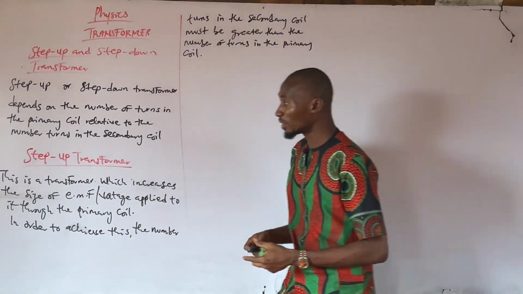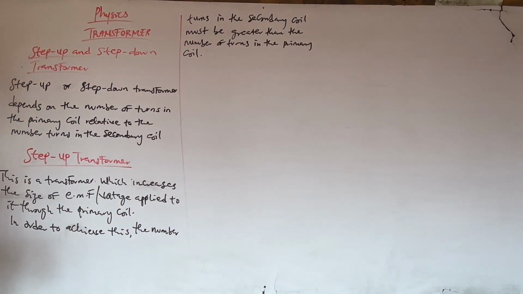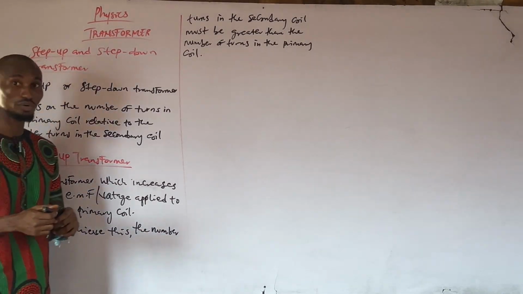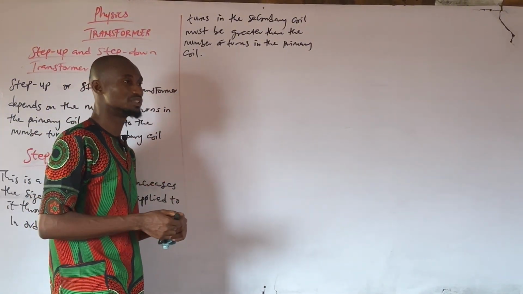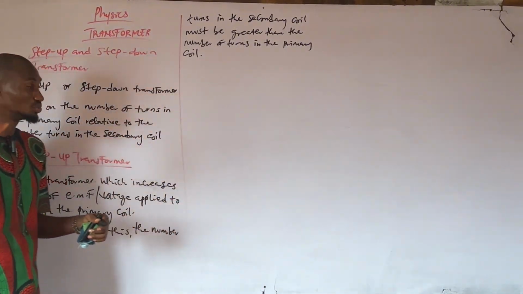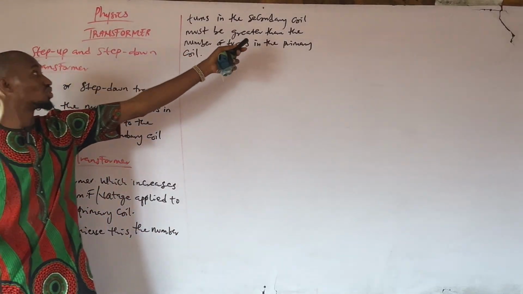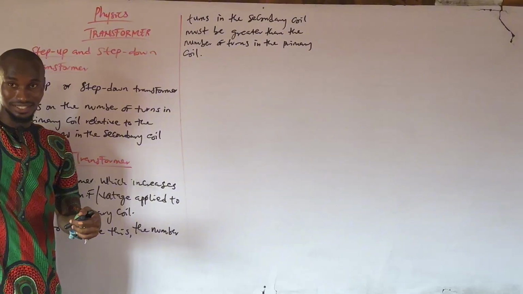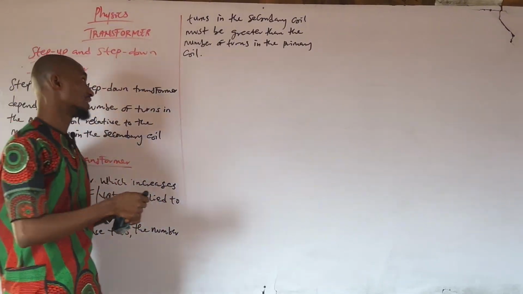Now pay attention. We're talking about step up transformer. This step up transformer has a structure. Do you understand now? And it has a what? A diagram. Now let's draw the diagram. Look up. How do you draw the diagram of step up transformer? The key word you need to know here is that the number of turns in the secondary coil must be greater than the number of turns in the what? Primary coil. And this is a transformer.